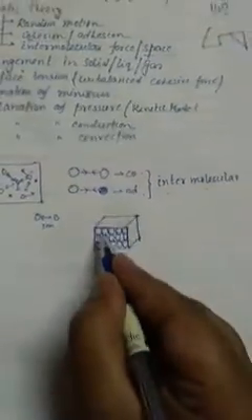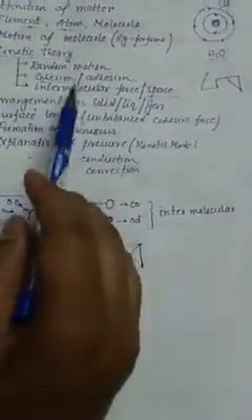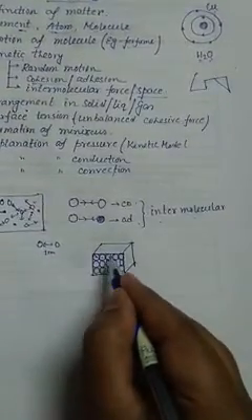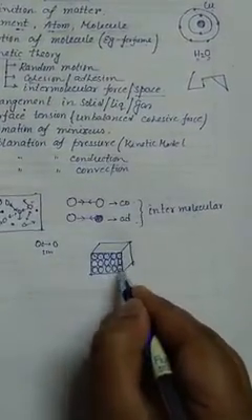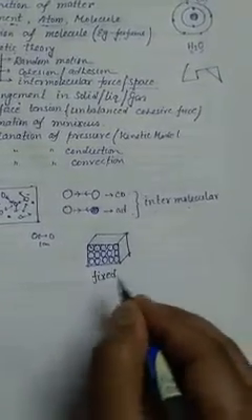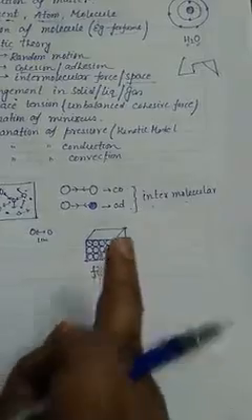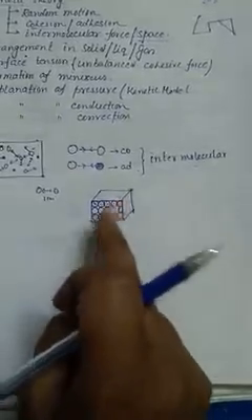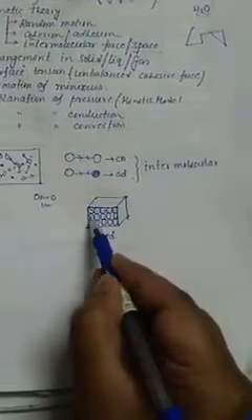When we talk about solid, we must know that the arrangement of molecules in a solid is fixed. That means all the positions of the molecules in a solid are fixed. That is why solid is always rigid. That means the position of the molecule is fixed.